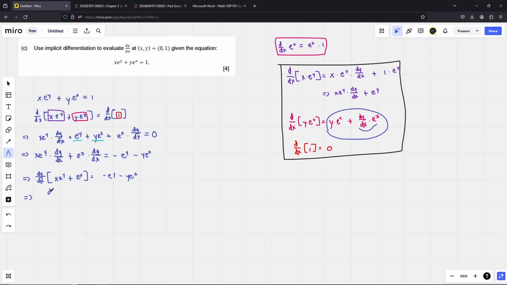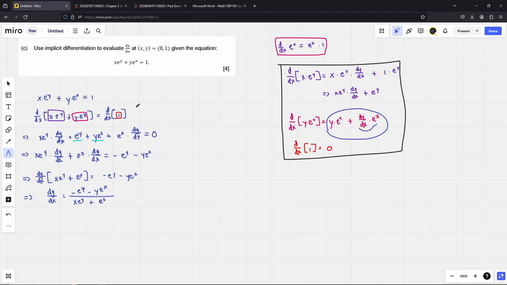So getting dy by dx alone on the left hand side, I'm going to divide both sides by this term, and I get that dy by dx is just minus e to the y minus y e to the x all over x e to the y plus e to the x.